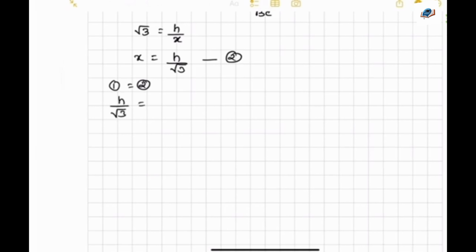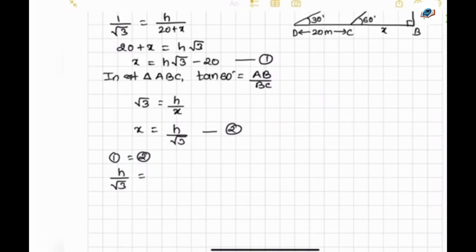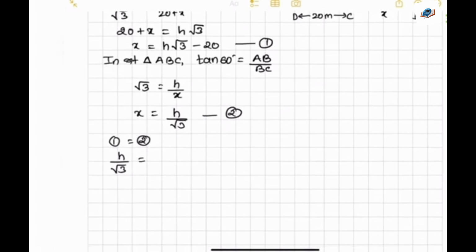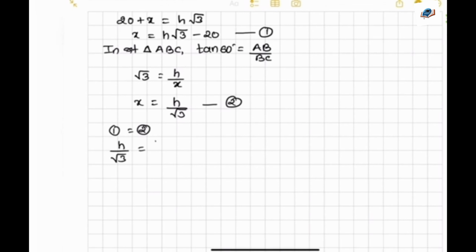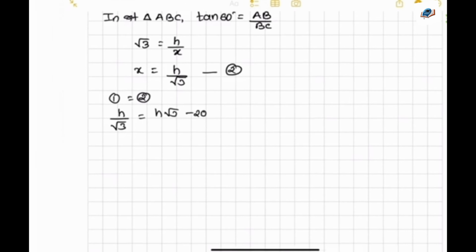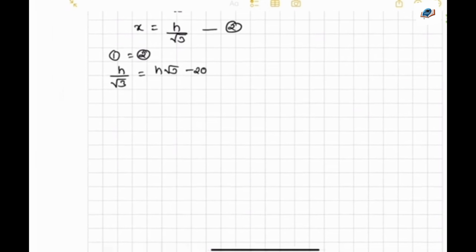So, I can say h upon root 3 equal to h root 3 minus 20.